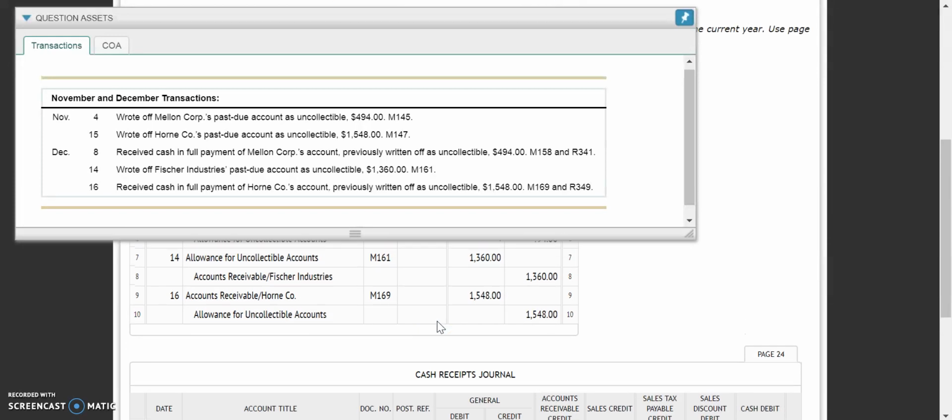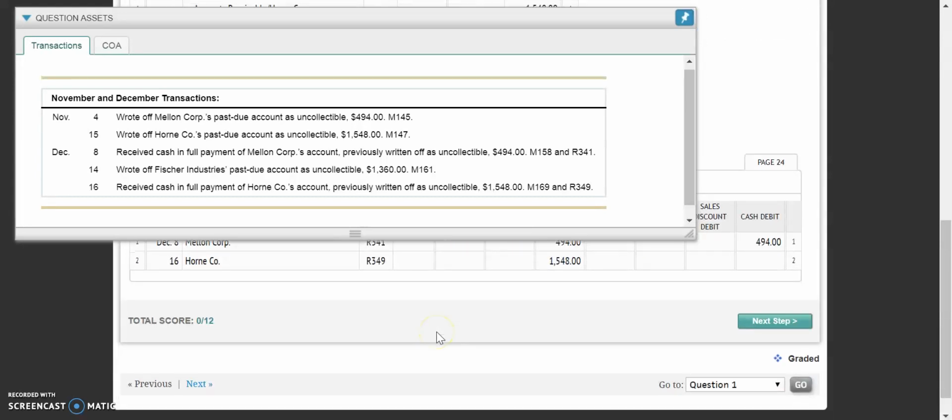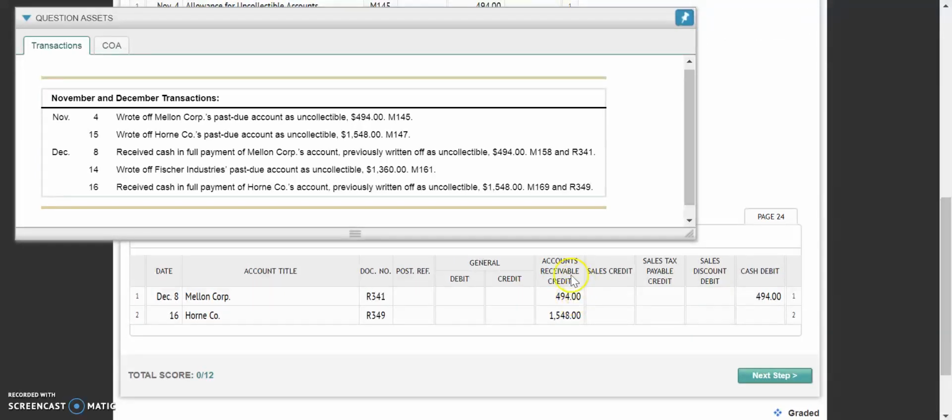It's just like it would look right up here, except that we don't have the opportunity, like we do in the general journal, to do the slash because accounts receivable has a special amount column. And then, of course, we debit cash because we did receive the 1,548. So at this point, we're ready to head on to our step number 2.